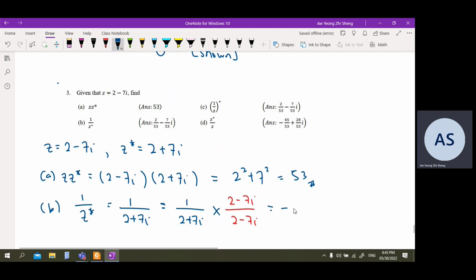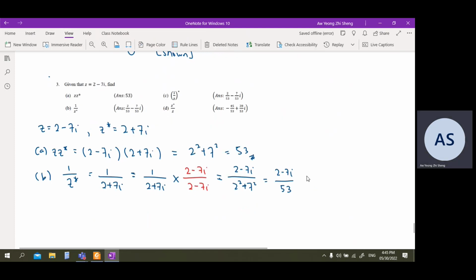Now at the bottom I have a product of a conjugate pair, which I know the result is 2 squared plus 7 squared, and at the top I simply get 2 minus 7i. So the bottom is 53, 2 minus 7i on top. Splitting it into two terms, I have 2 over 53 minus 7 over 53 i, and done.